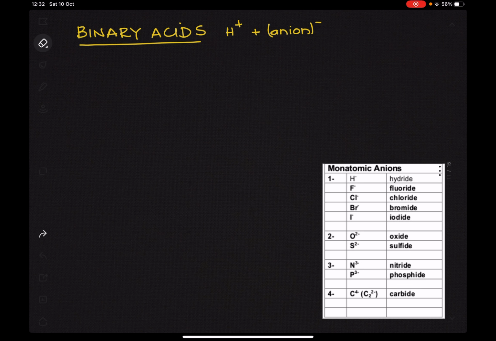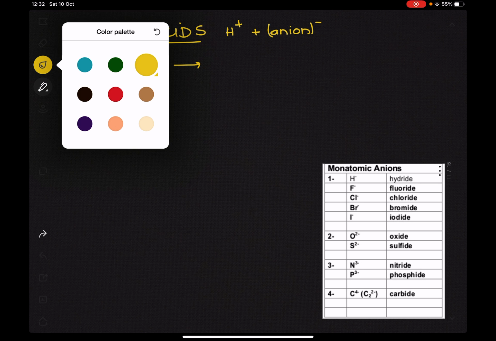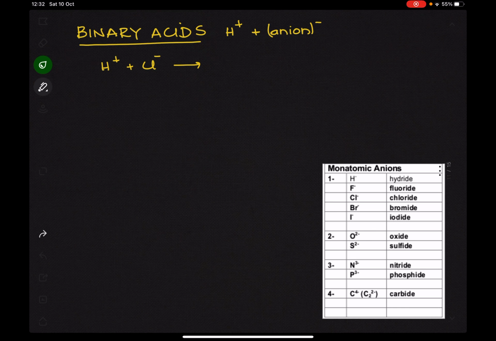So for example, we would have hydrogen plus chlorine. And remember how we form our molecules. We cross the charges. We have HCl. And this HCl will be named hydrochloric acid.